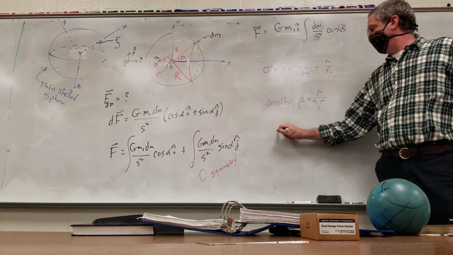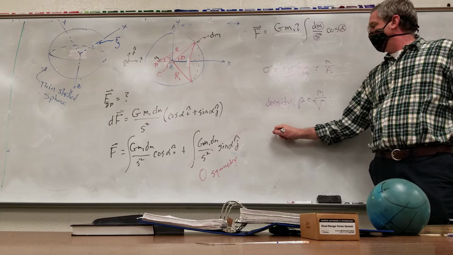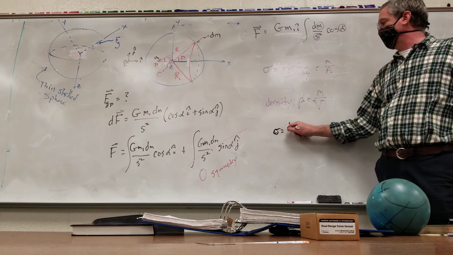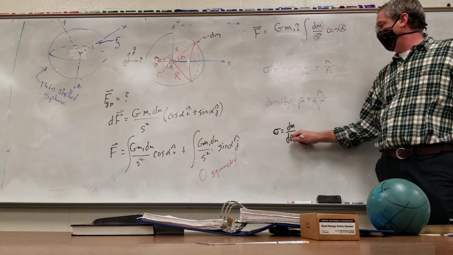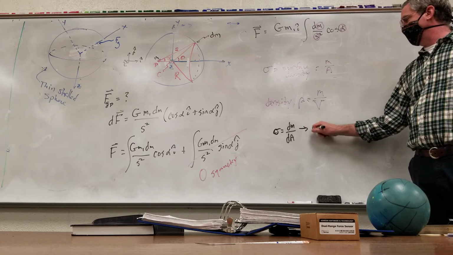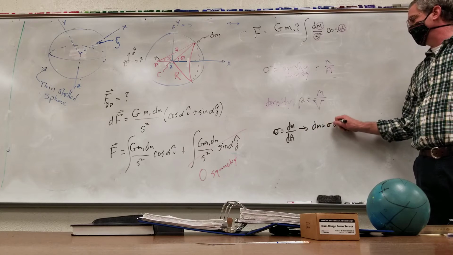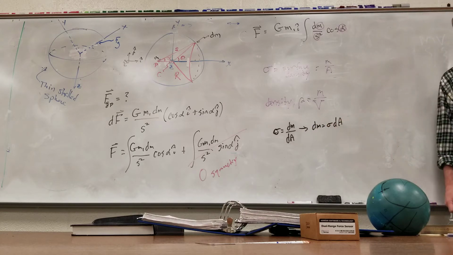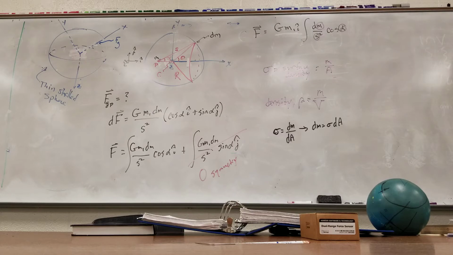So sigma would be, if we're talking about differentials, dm over dA. And so therefore dm is just sigma times dA. Great, we traded 1 variable for a different one. No, this actually will help us.